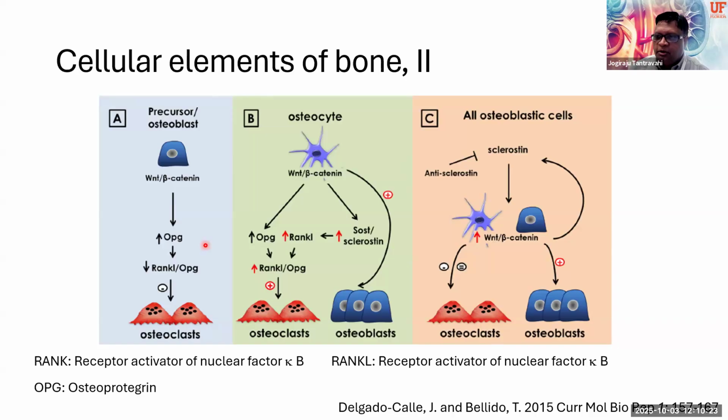Osteoprotegerin is a decoy binder of RANK. So it's sort of a competitive inhibitor of RANK and kind of keeps RANK ligand in its place.